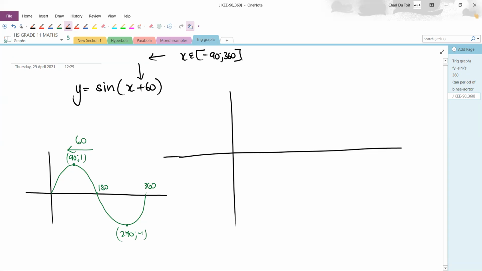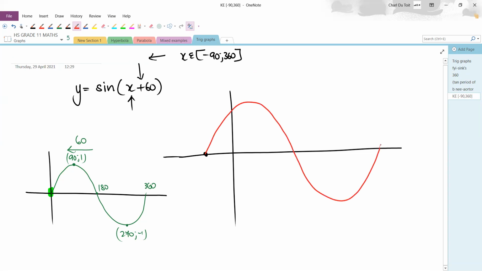So take the sin graph and move this coordinate here, the 0 and 0, move it 60 to the left. My reasoning is the following. I want to get the 0 in the bracket, so I need to start at negative 60. There we start. And then I'm just going to draw the sin graph.